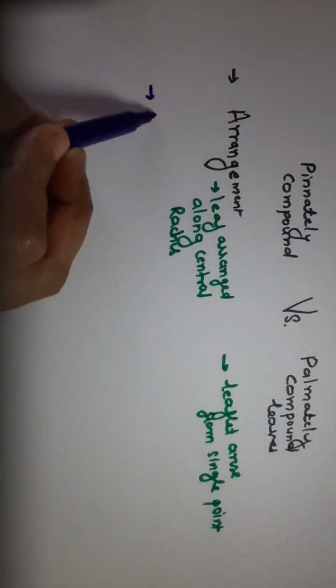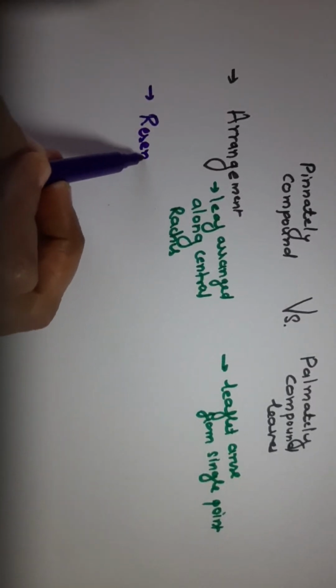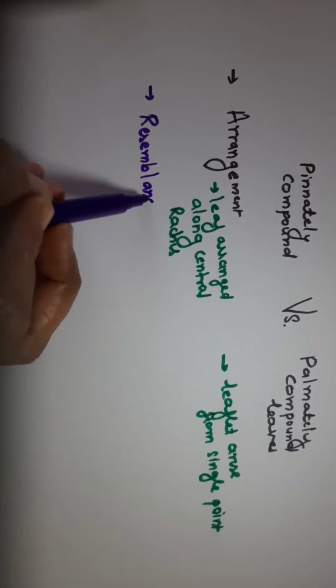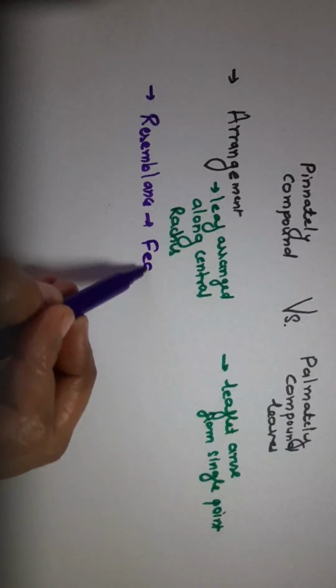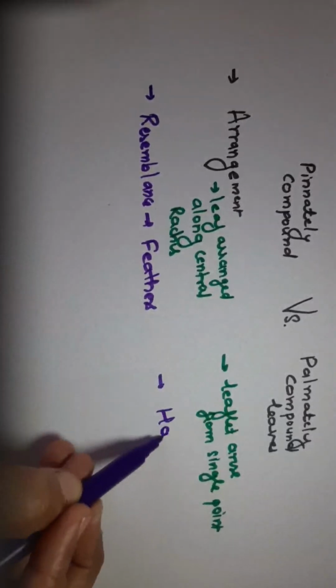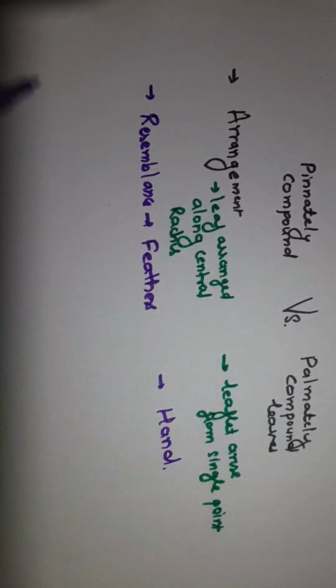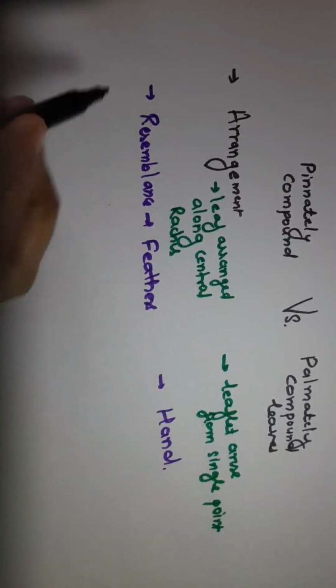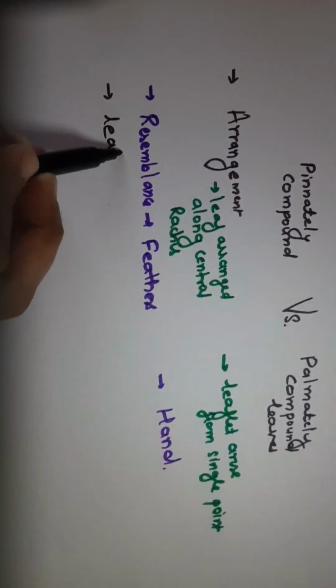Okay, the second difference is in terms of their resemblance. The pinnately compound leaves will look like feathers, whereas the palmately compound leaves look like the hand. The third is in terms of leaflet arrangement.